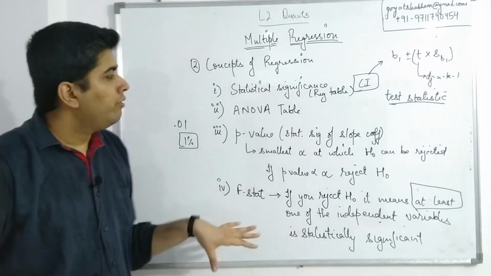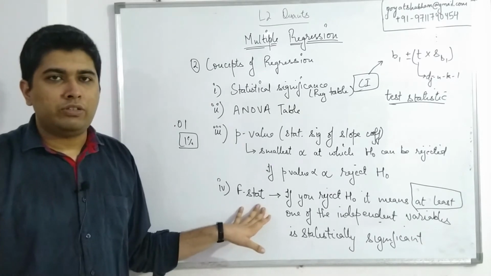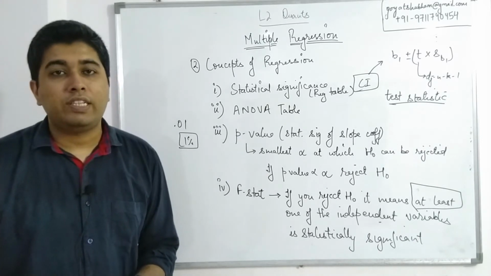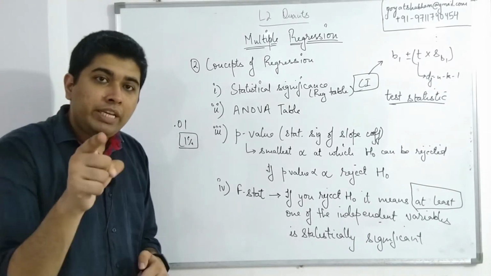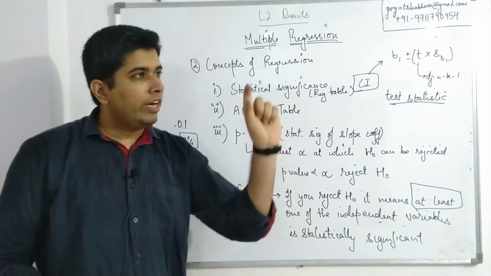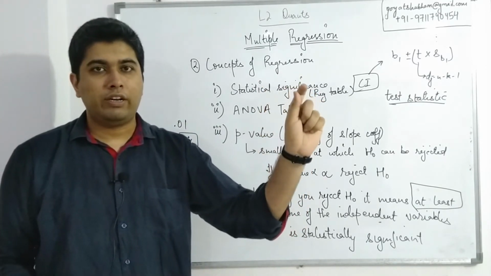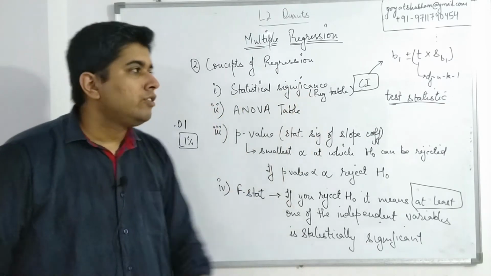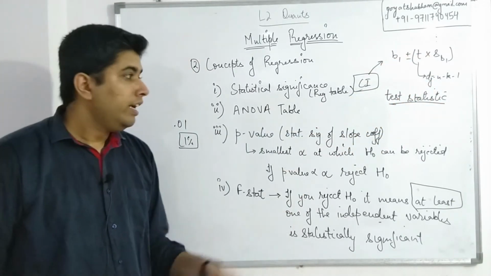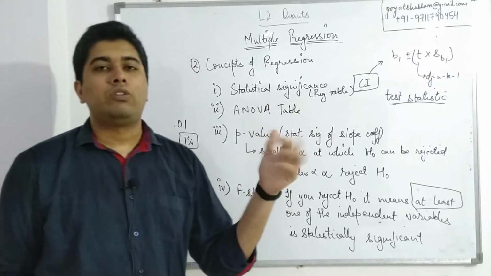Now, the reason why this is so important: if on the basis of f-stat you're not able to reject the null hypothesis, that would mean that none of your independent variables are statistically significant. So if outright, at first glance from the information given in the question, you find out that the f-stat is not outside the critical range of the f distribution, in that case you don't have to perform p-value, confidence interval, or test statistic at all, because if f-stat is not relevant for me, it means all of my independent variables are also irrelevant.